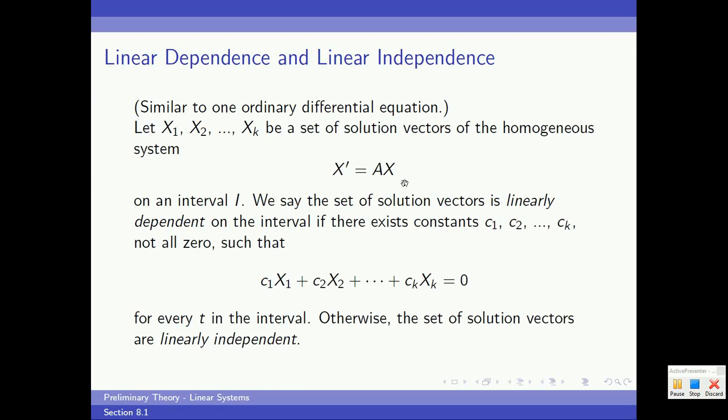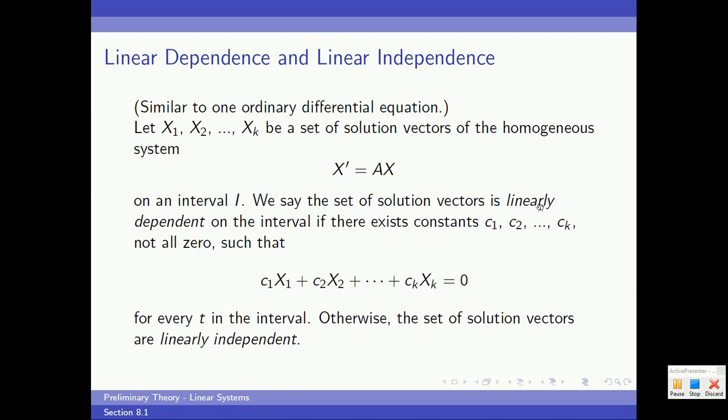So if we have n variables, we need n linearly independent solutions. Once we have them, they form the fundamental solution set, and we can add them together to get a general solution.